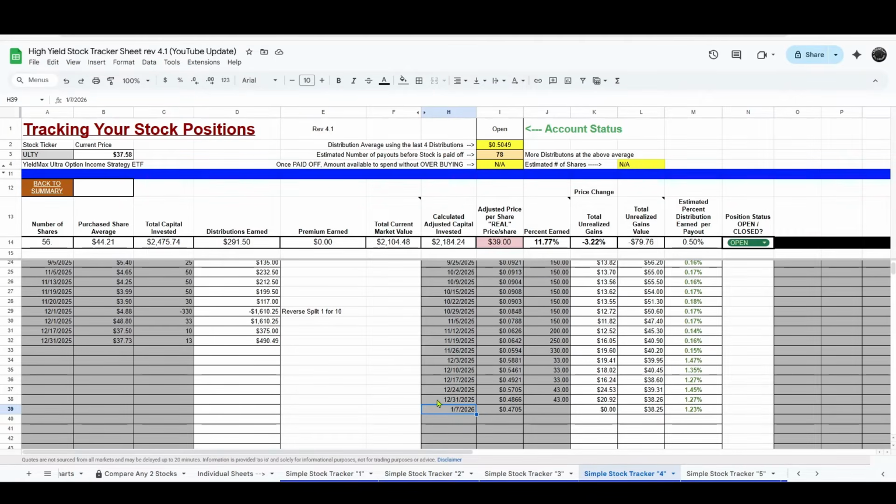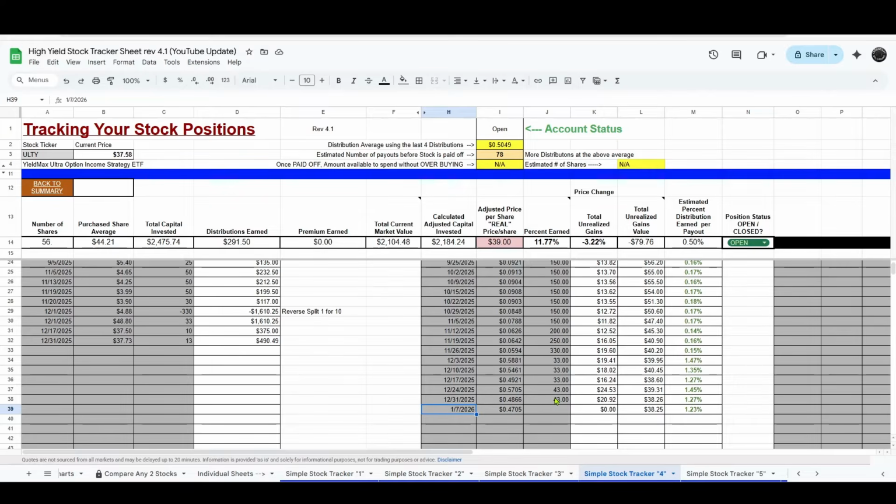Now, my last distribution only had 43 shares, but I made a purchase on 12/31 of an additional 13 shares. So why was it 43 last time? Well, because that X date was 12/31 and I purchased them on 12/31, and that is not before December 31st, so I could not count those 13 shares on this past distribution.